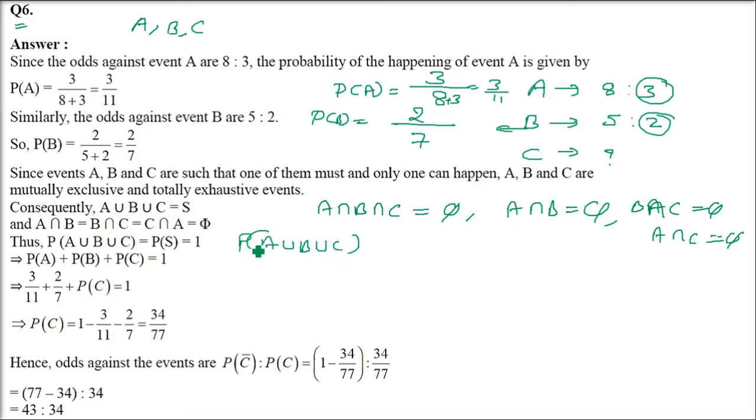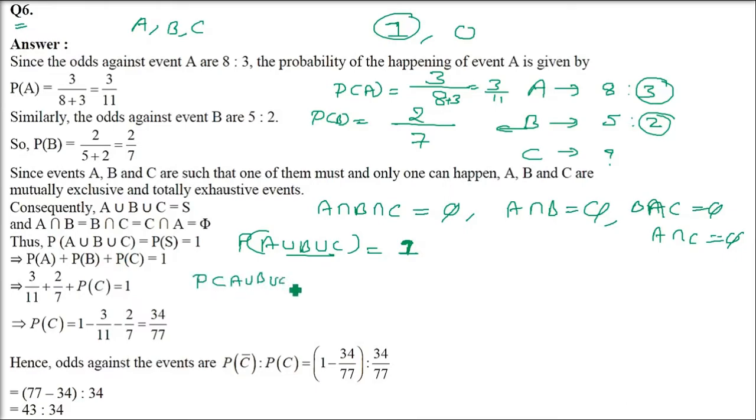The probability of A union B union C is 1, because there are only 3 events and you are combining them. We already know that the sum of the probabilities of all the events will always be 1, and one of them will happen. Now the intersections are nothing. So what is the formula?